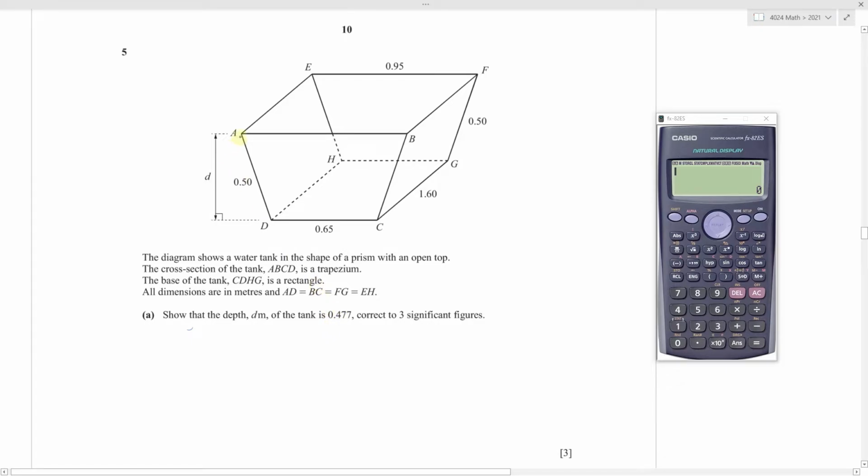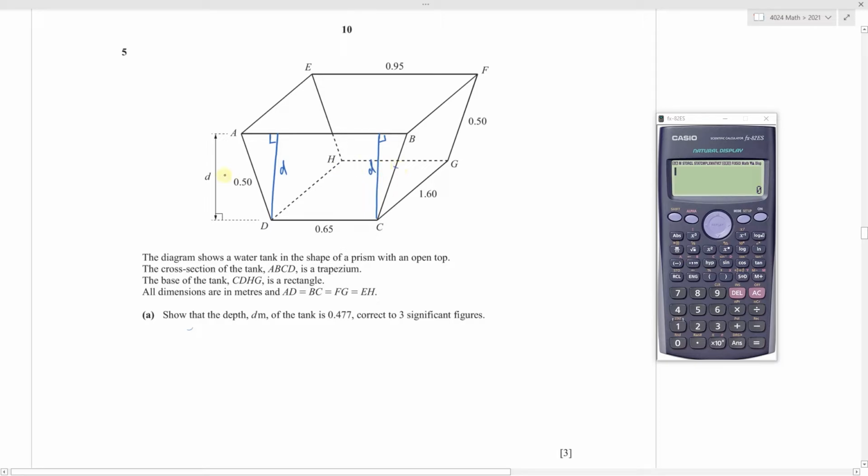So you're given this length 0.50 and d is this perpendicular depth of the tank. So if I draw this line here like this, which makes a 90-degree angle, this is my depth d of the tank. And similarly on the other side as well, I draw a vertical line which makes an angle of 90 degrees. This is also d.